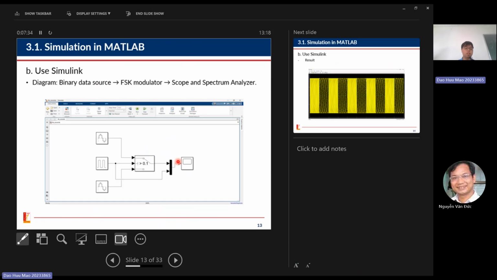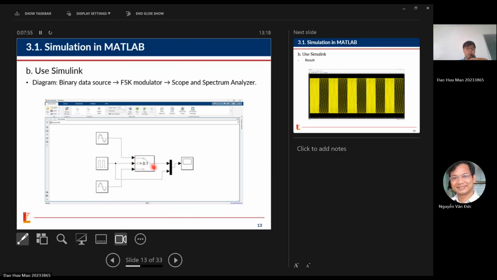And secondly is simulation. We have 5 modules here: 2 sine wave generators and 1 pulse generator. We put them into a switch.